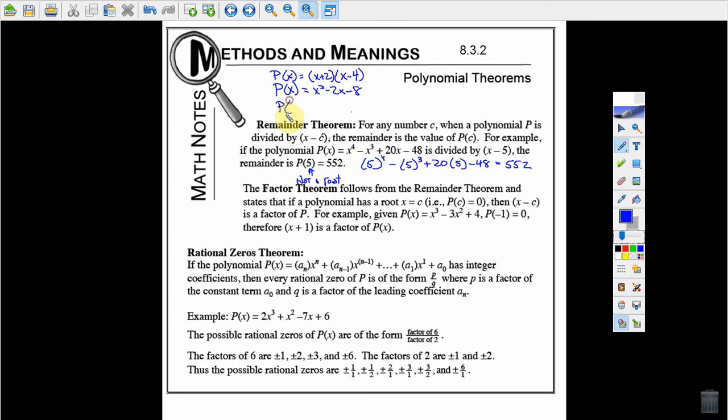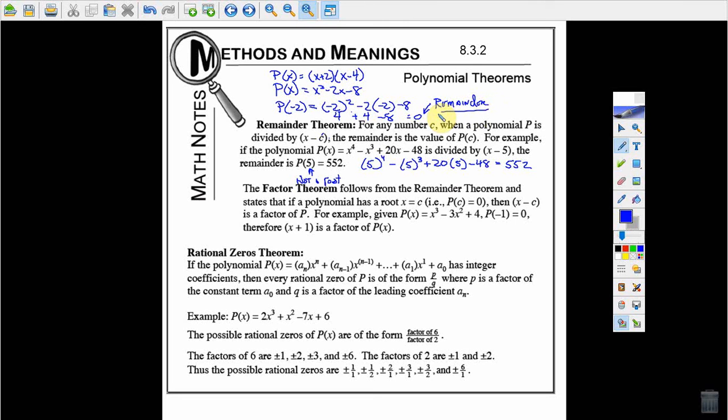So p of -2 is equal to -2 squared minus 2 times -2 minus 8. And that would give me +4 plus 4 minus 8, and that would equal 0. And if it has a remainder of 0, then it must be a root.